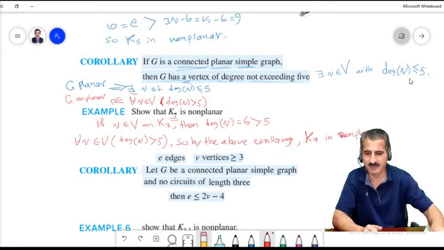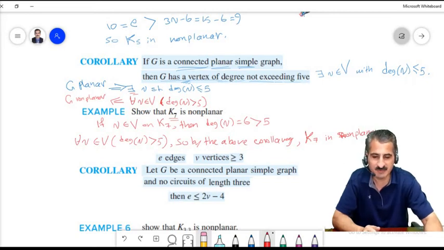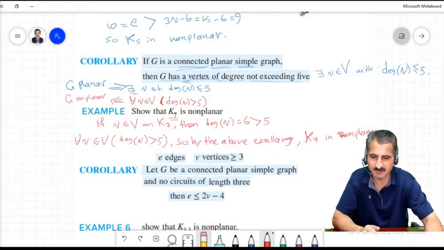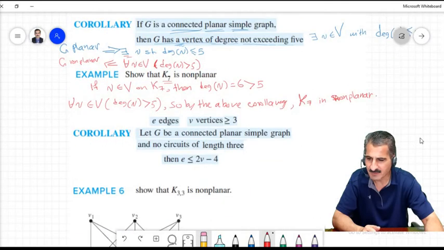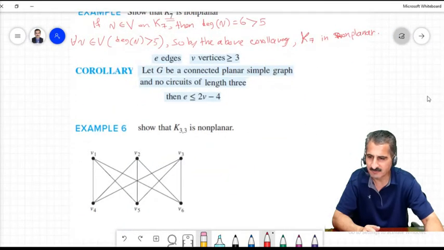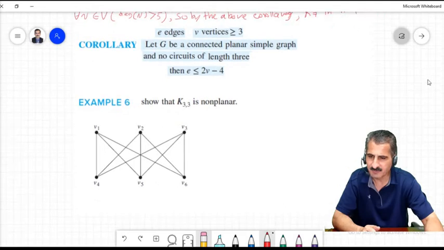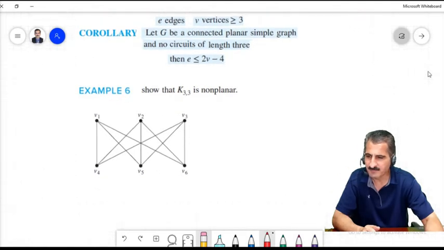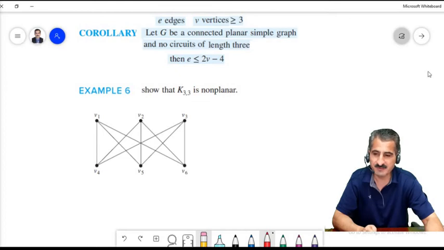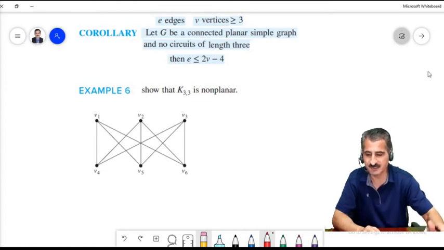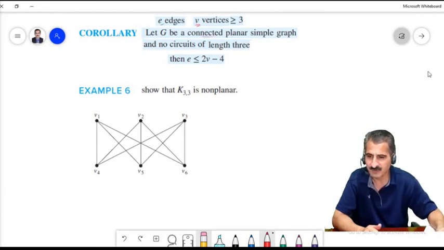Okay, so we have 2 corollaries that help us to decide whether a graph is planar or not. And let's see what we have more. Okay, so one more corollary here. It says: connected planar simple graph with number of edges E and vertices V, more than 2 vertices, 3 or more, and no circuit of length 3.